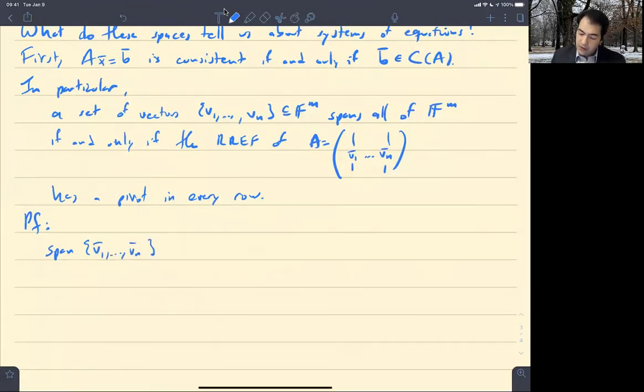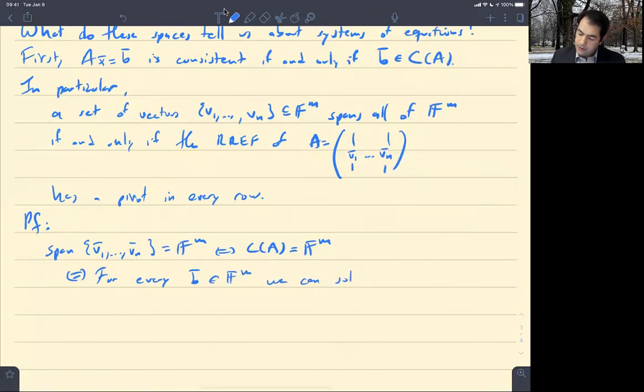We know that the span is equal to all of Fm if and only if the column space of A is equal to Fm, if and only if for every B in Fm, we can solve AX equal to B. That's what we know from the discussion right here, that AX equal to B is consistent if and only if B is in the column space.